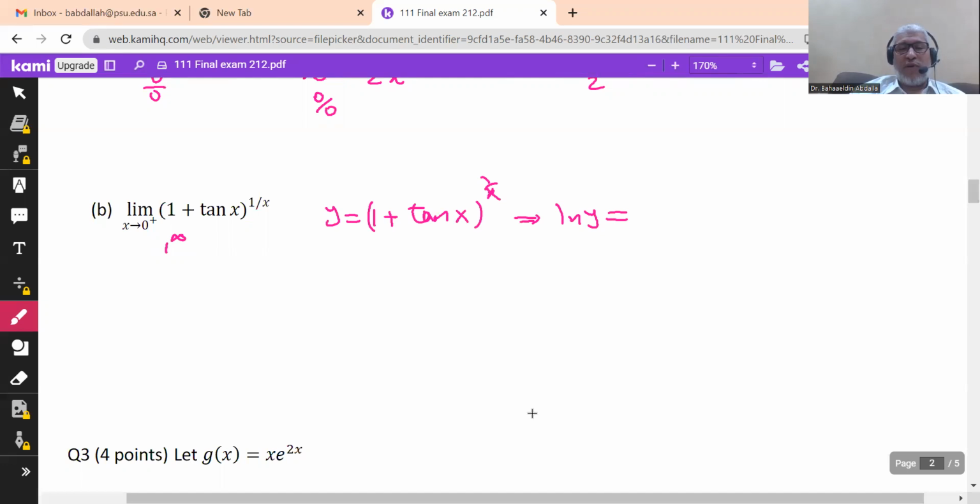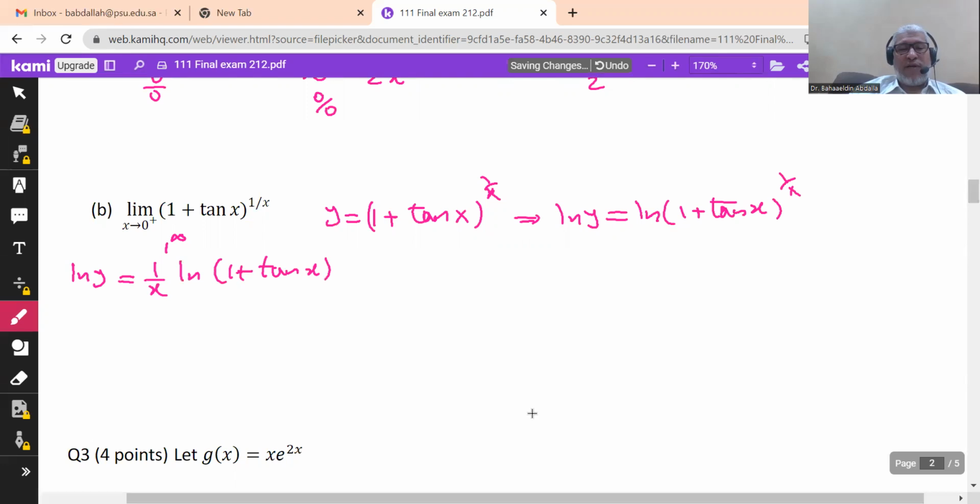So ln y would be ln of 1 plus tan x to the power 1 over x. Then I can bring 1 over x here using the properties of ln. So ln y would be equal to 1 over x times ln of 1 plus tan x.